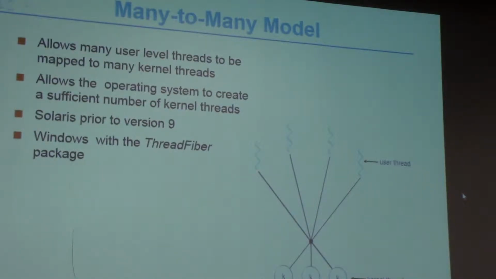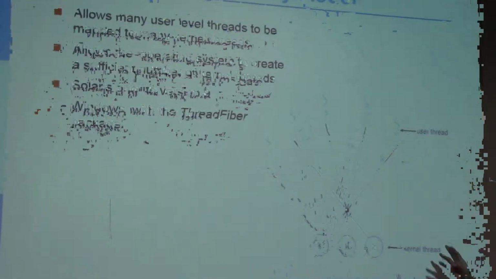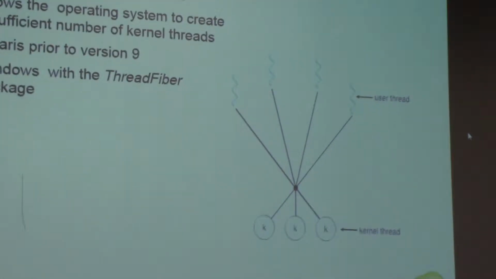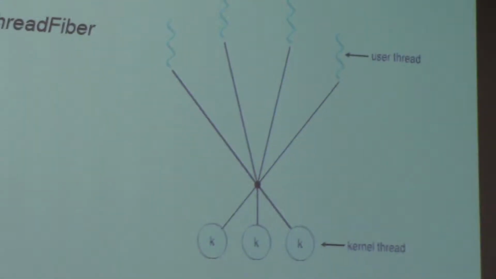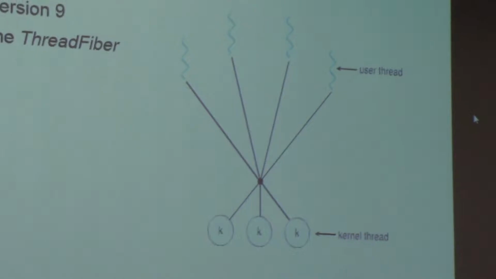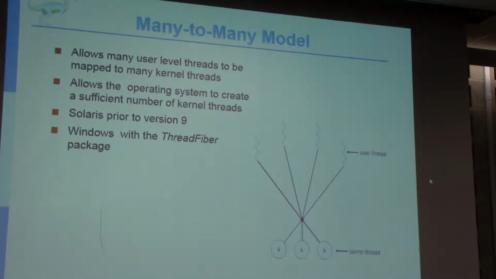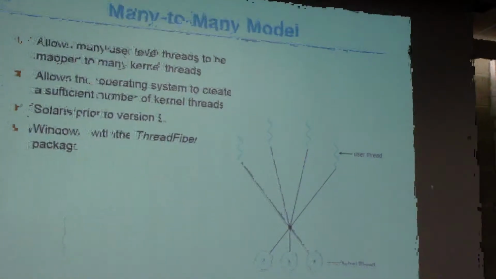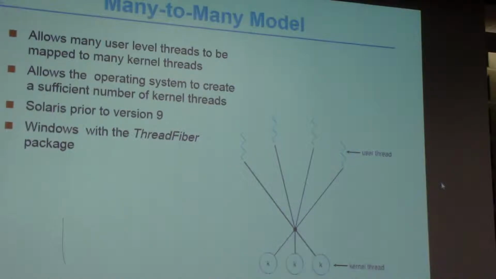With many-to-many, we don't know which kernel thread will take care of the user thread. So you need to manage allocating the user thread requests to the kernel threads. So the Windows thread fiber is this kind of example.